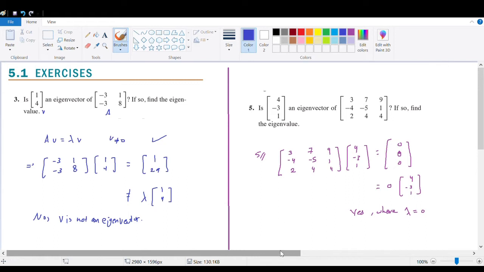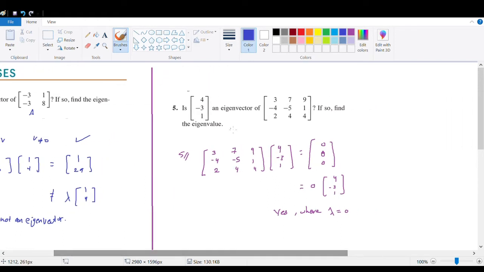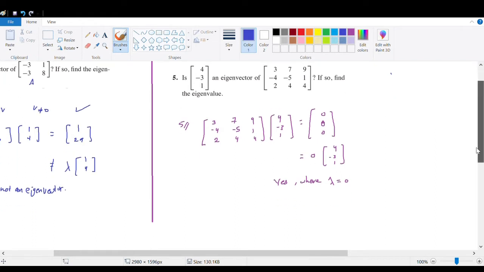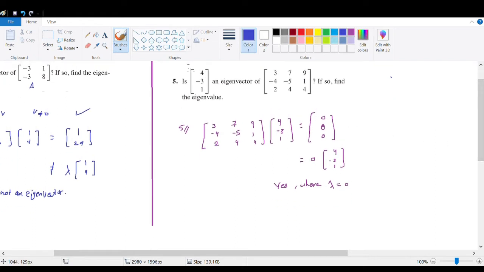So now for 5, we have another vector, which is [4, -3, 1]. Is this vector an eigenvector for the given matrix? If so, find the eigenvalue. First we need to check: multiply this matrix by the vector v. We get the result [0, 0, 0].